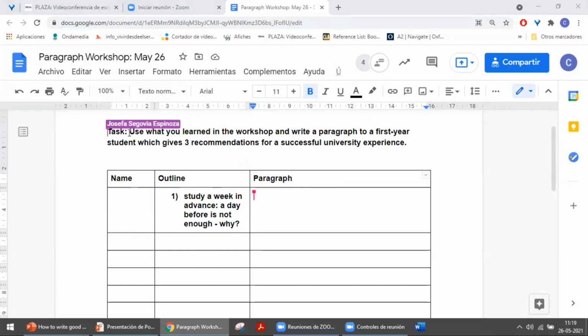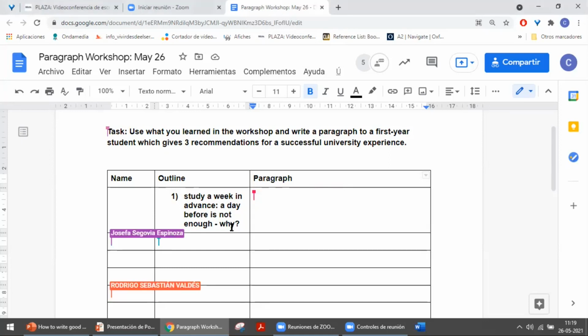Dice lo que tienen que hacer. Use what you learned in the workshop and write a paragraph to a first year student. Supongo que muchos ya no están en primero y si están no importa, pero piénsenlo desde la experiencia que ya han tenido hasta ahora en la universidad. A paragraph that gives 3 recommendations for a successful university experience. Pongan el nombre, no es necesario que pongan el apellido, ¿ya? Y el outline es súper importante.